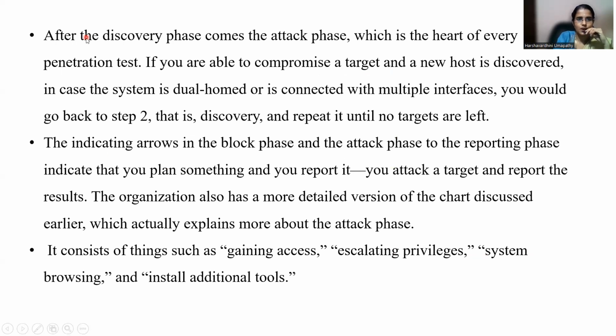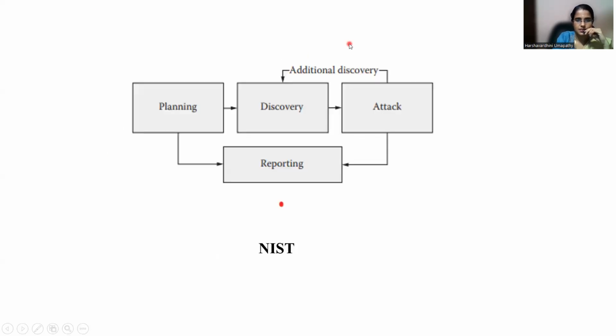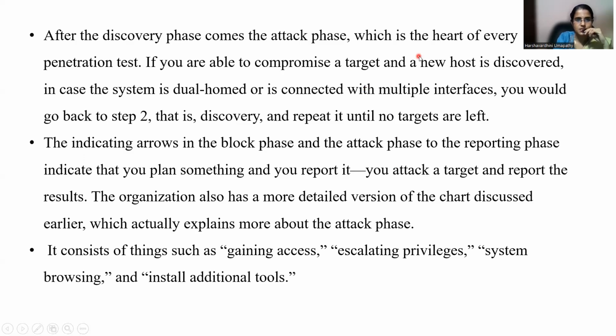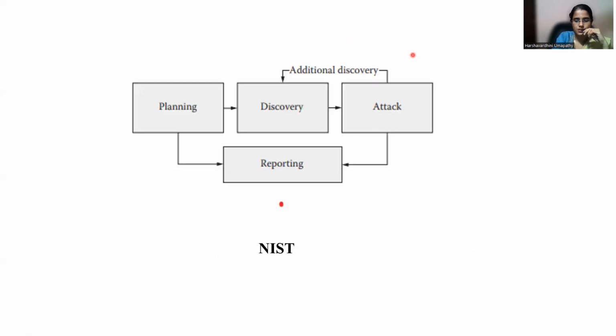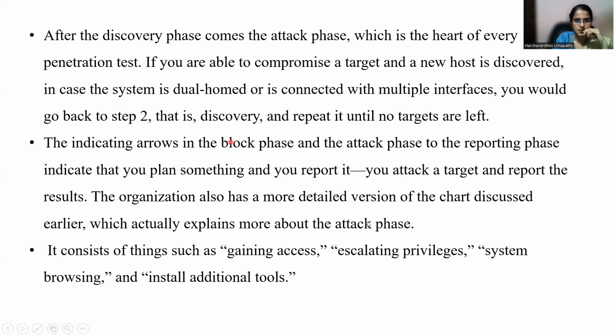Next one. After the discovery phase comes the attack phase, which is the heart of every penetration test. If you are able to compromise a target host, then we can go back to step two for an additional discovery.